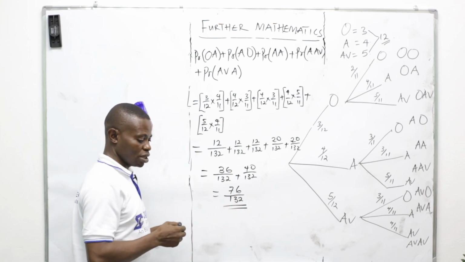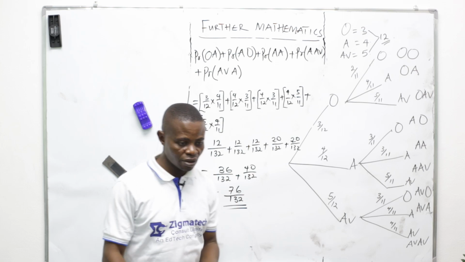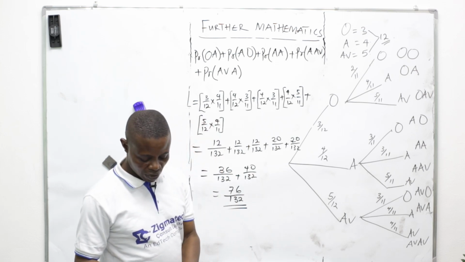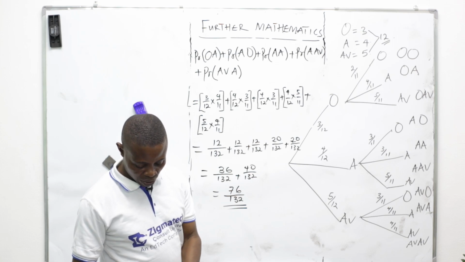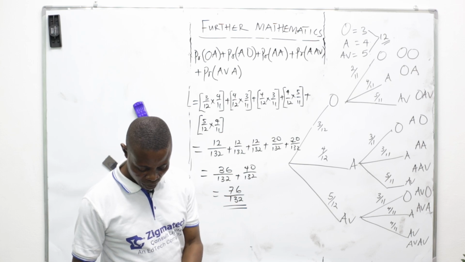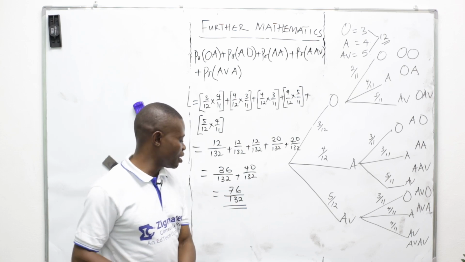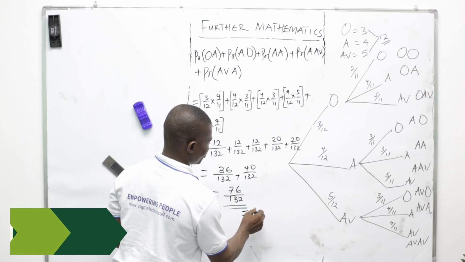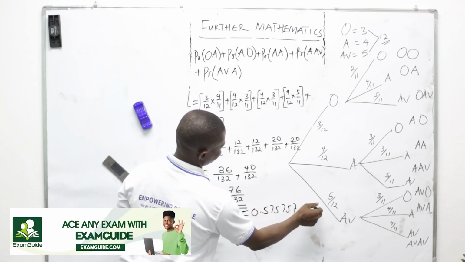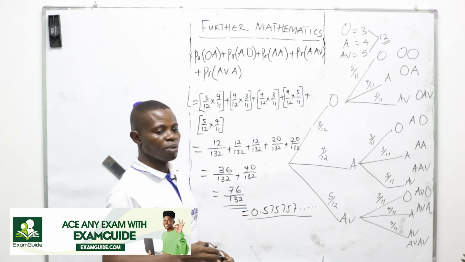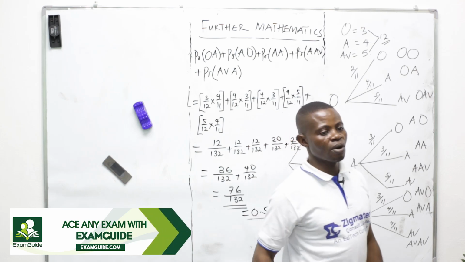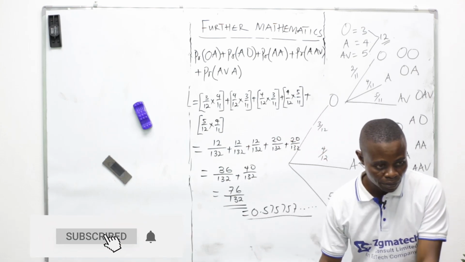So the probability of at least one apple is 76 all over 132. 76 divided by 132 equals 0.575757. So that is the probability for at least one apple.